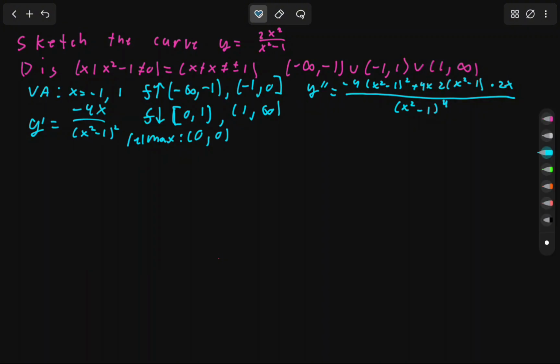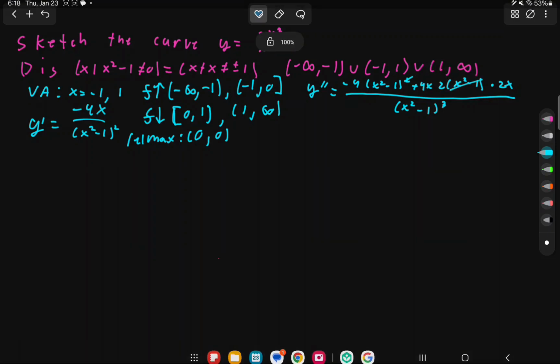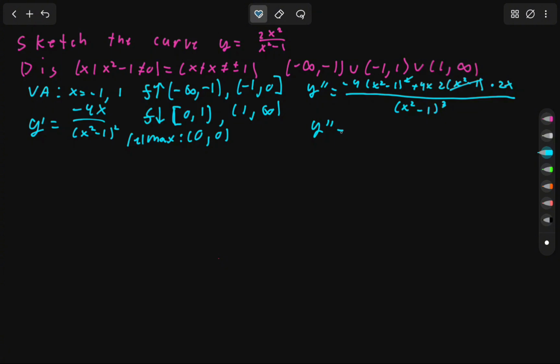Well, we are going to cancel this 4th and make it into the 3rd and cancel the 2 grouped things in the numerator. So y double prime is going to be -4 x squared plus 4, plus 2 times 4x, that's going to give us 8x, times 2x squared, that's going to give us plus 16x squared.